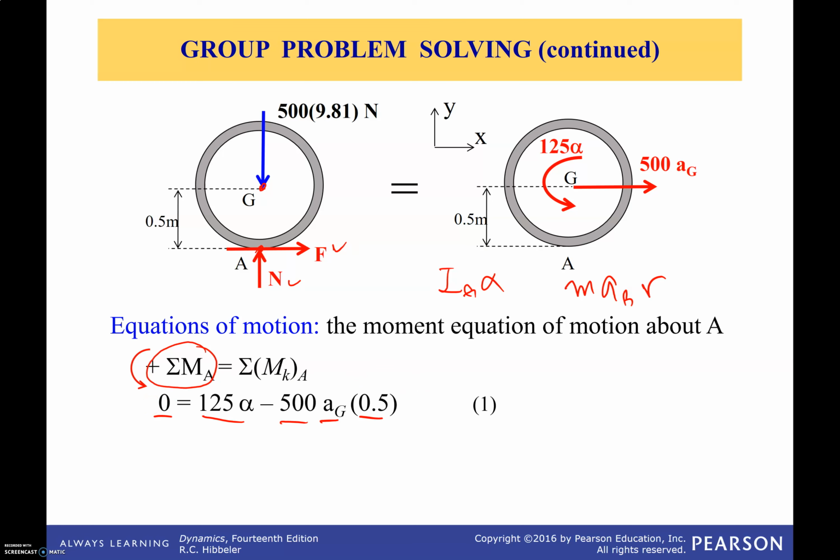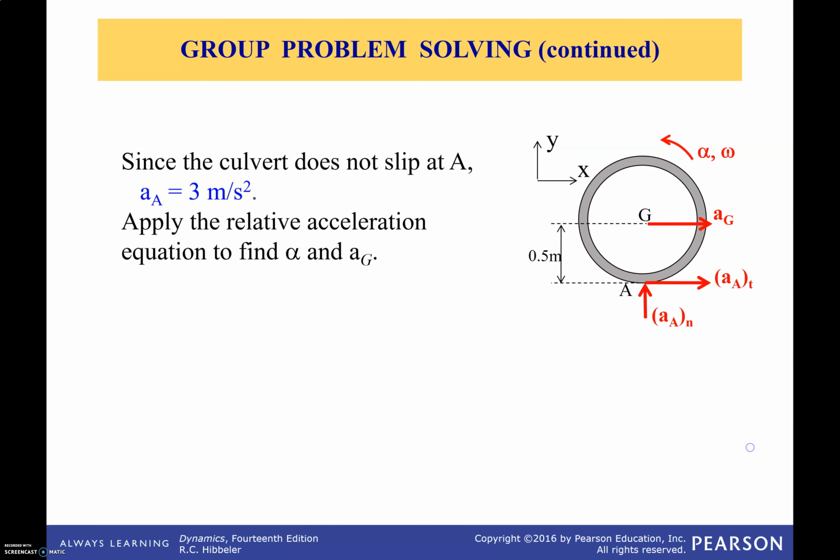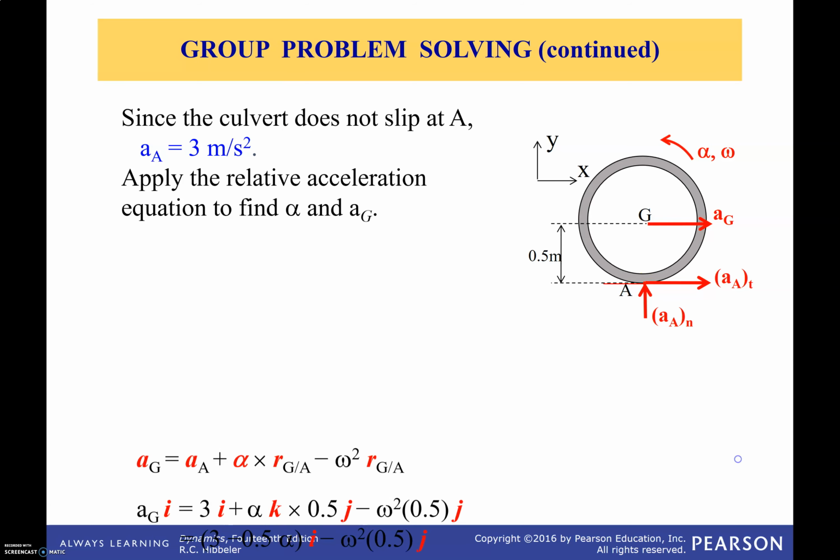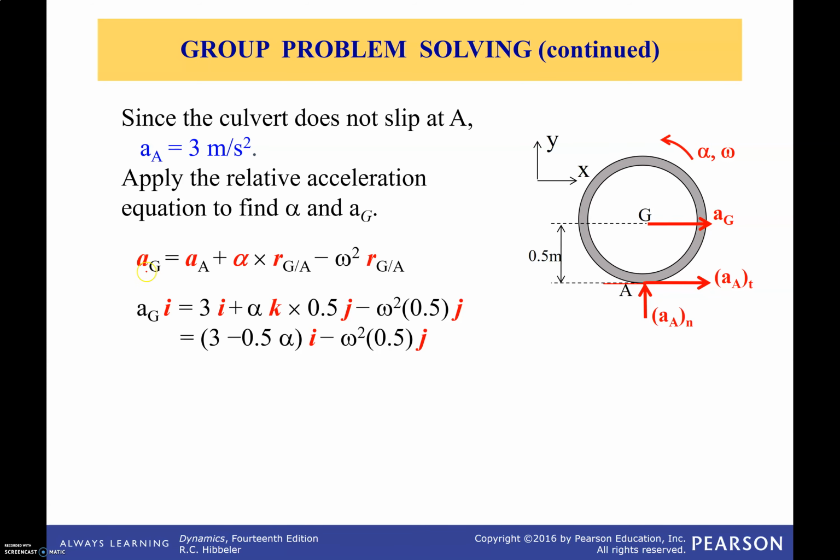So we go to chapter 16 and look at our kinematic equations. The acceleration of point A is the acceleration of the truck, right? It's 3 meters per second squared, because this point is moving at that acceleration. So now we can write the acceleration of this point, which is equal to the acceleration of point A plus the rotation part.